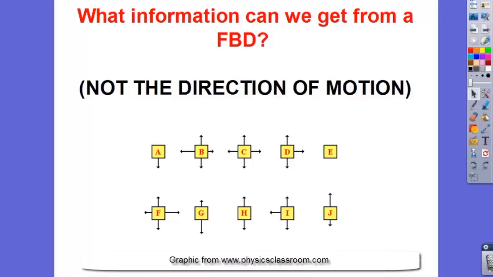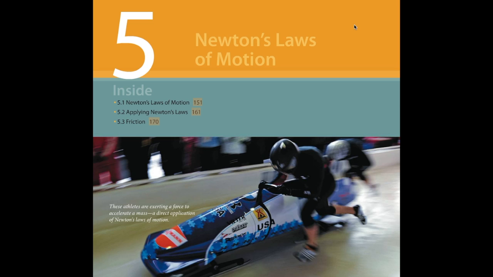If it were moving to the left, that means it's speeding up. So when you look at pictures of free body diagrams, they only tell you the direction of the acceleration, the direction of the net force. We would have to be given the direction of motion in order to tell whether the object was speeding up or slowing down. So we're going to take a look at free body diagrams over the next couple days and look at how we can analyze the motion of an object, particularly its acceleration, through these pictures.